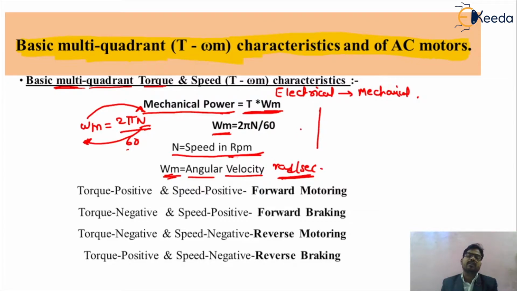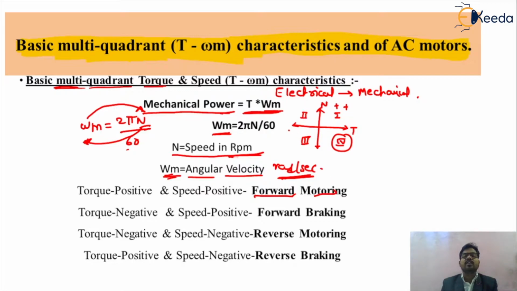So friends, in the basic multi-quadrant operation, there are four quadrants of operation that we have studied. This will be the first quadrant, this the second quadrant, this the third quadrant, and this the fourth quadrant. In the first quadrant, the torque and speed are both positive, so we get forward motoring mode.